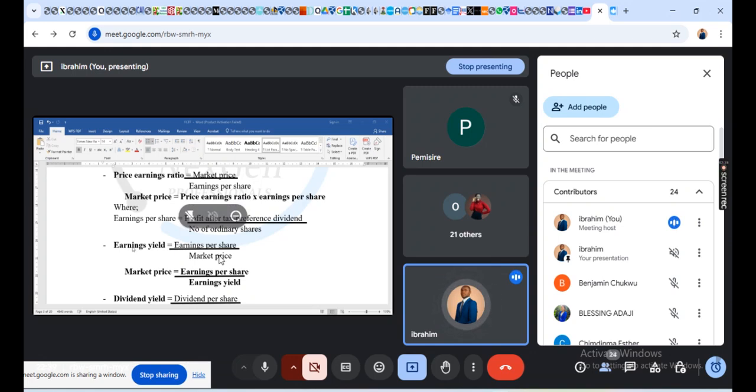I purposely bring this so that when the question says using the income-based approach, it will be mentioned whether it is price earning ratio or earnings yield. If they say price earning ratio, we already know that market price equals the price earning ratio times earnings per share.